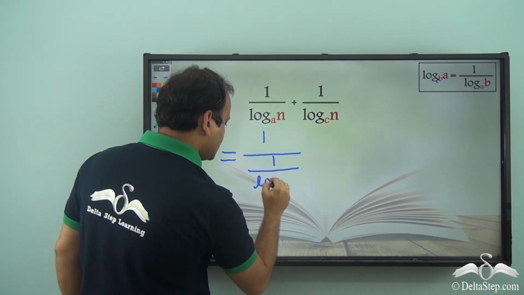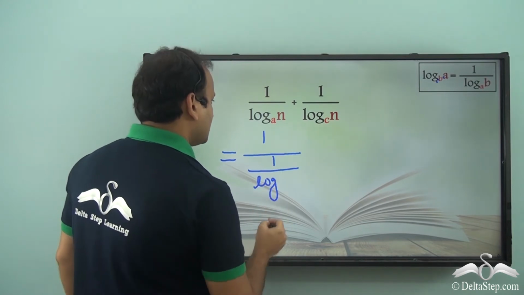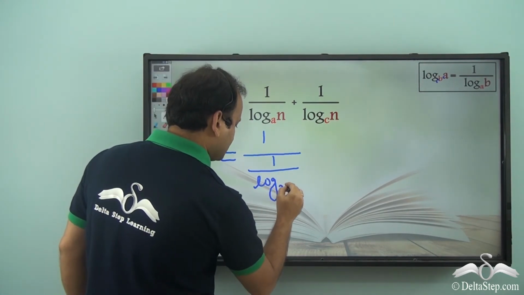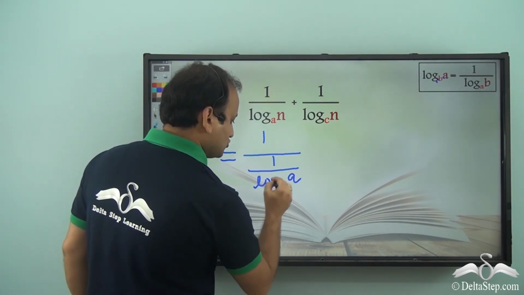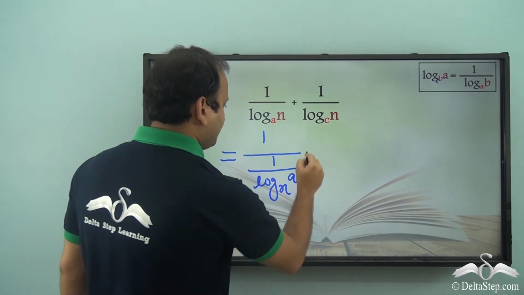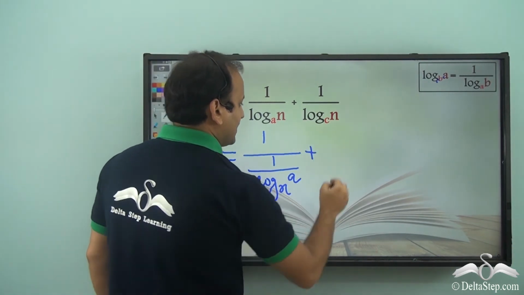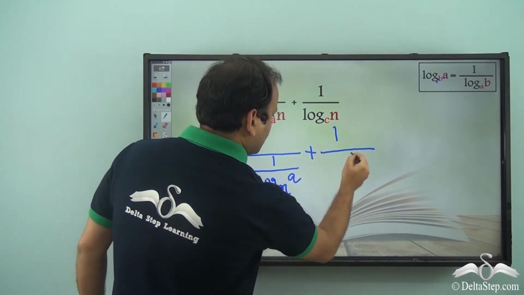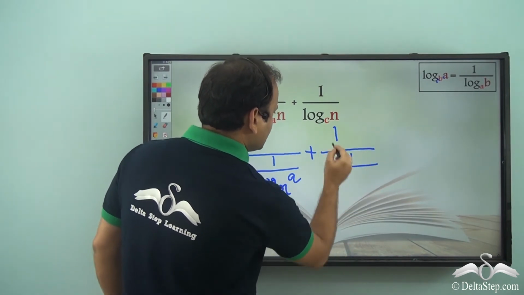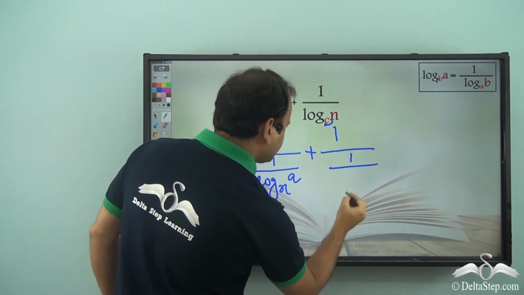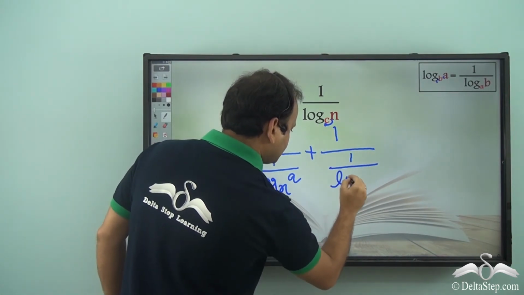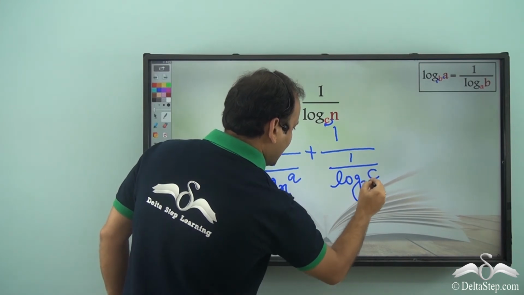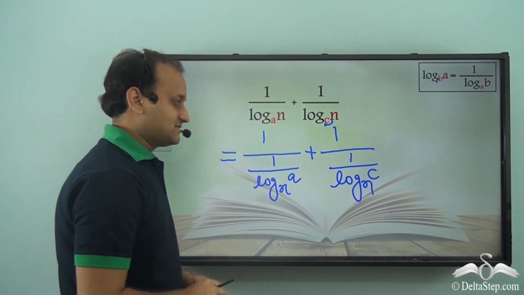So log, n will come down here. So n will become the base and the argument will be a. So log a to the base n. Similarly, you have 1 by, again we'll reciprocate this too so that n comes here. So it will be log c will become the argument and n will become the base.